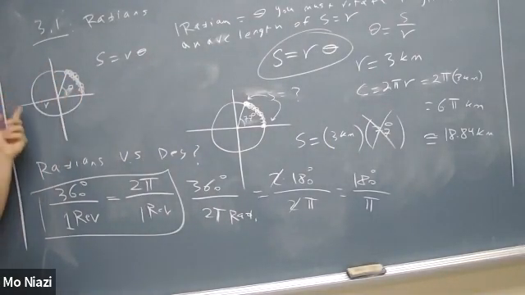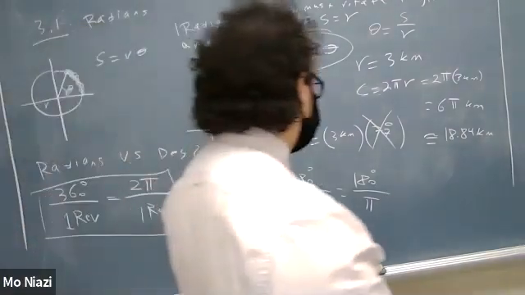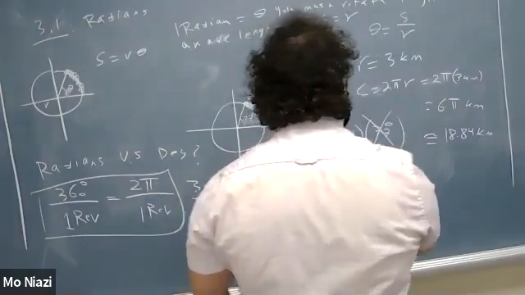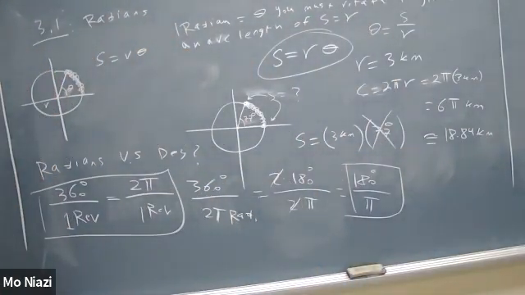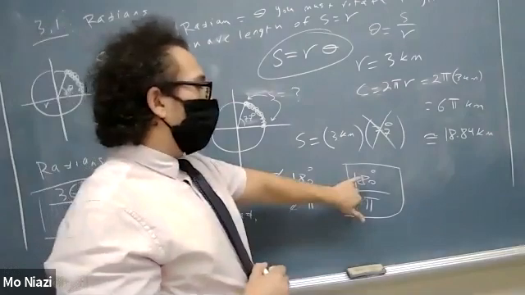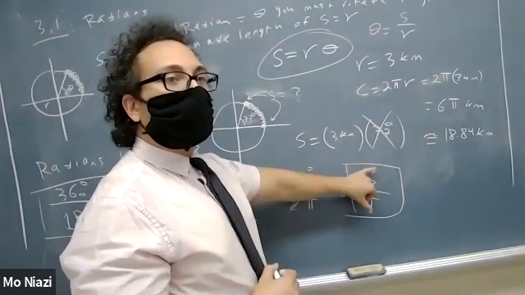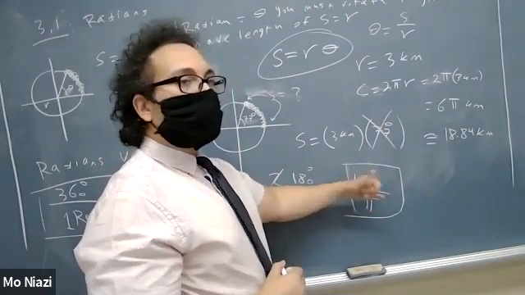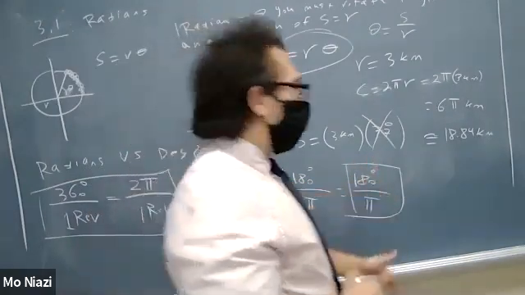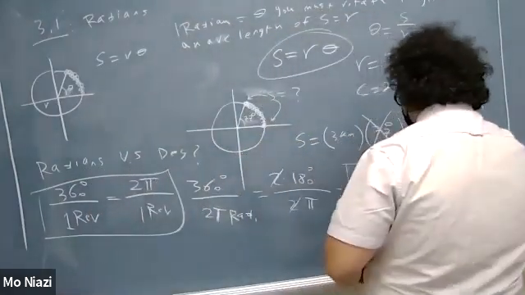And when you move a full circle, you move 2 pi radians. Okay? So now this is our elegant derivation, this is what we'll be using, this ratio. And notice this ratio, you can flip it upside down, you can flip pi up top, 180 down, it doesn't matter. Why? Because this is equal to 1.